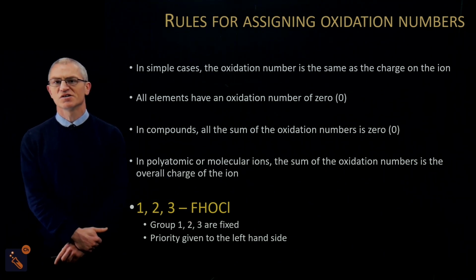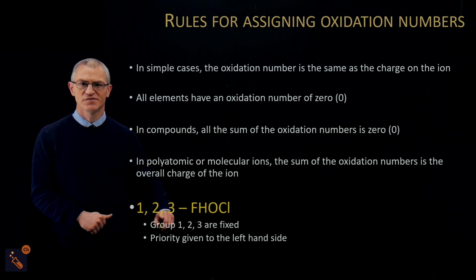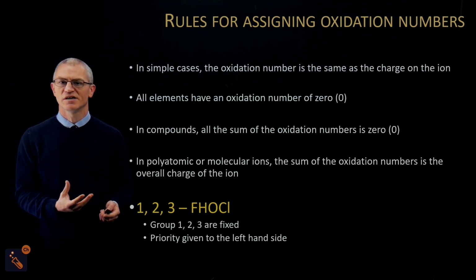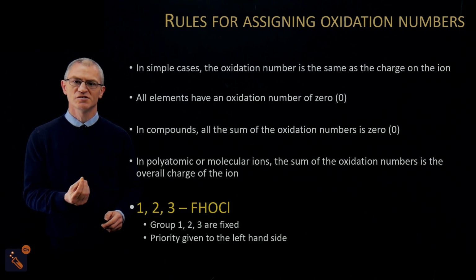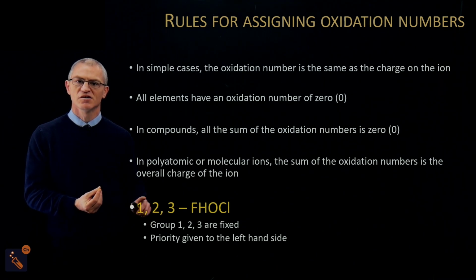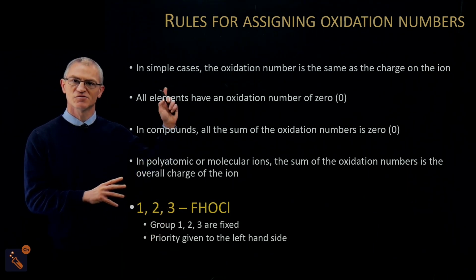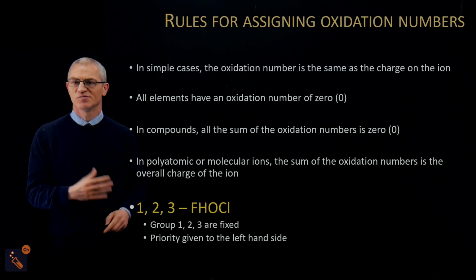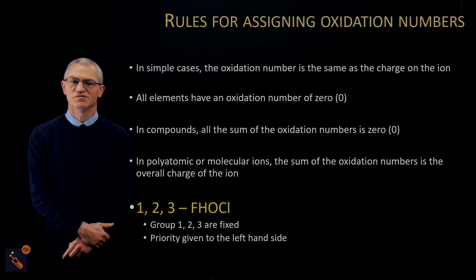If you go in order, with priority from the left to the right, and you see a group 1 substance, you know that if it's in group 1, it's fixed. What do I mean by fixed? I mean that the charge, as in rule 1, is the same as the oxidation number. But let's show you how to write all this down and do some examples.